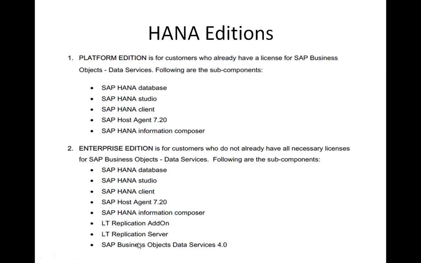You also have the option to use Business Objects Data Services 3.2, but there is complexity when using Data Services 3.2, so it is always preferable to use 4.0 rather than 3.2 whenever you're dealing with SAP HANA.